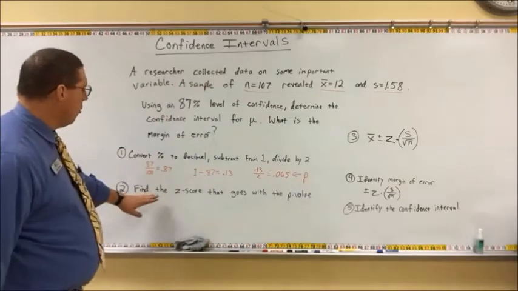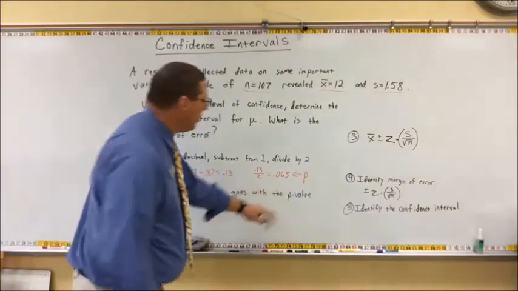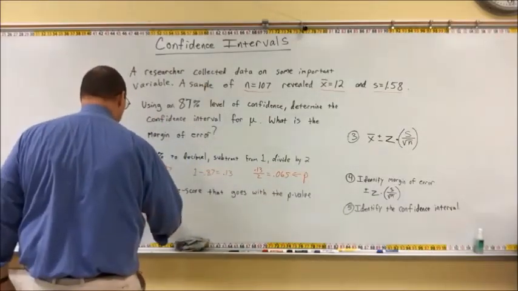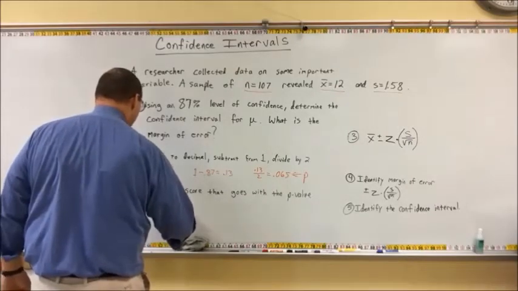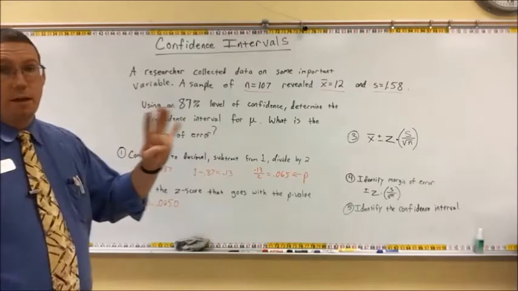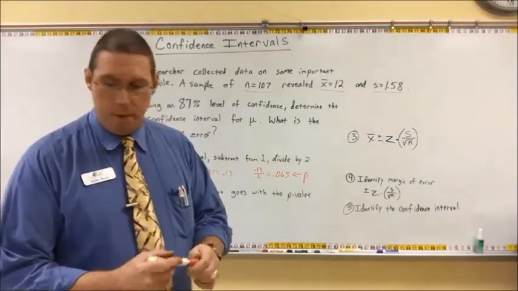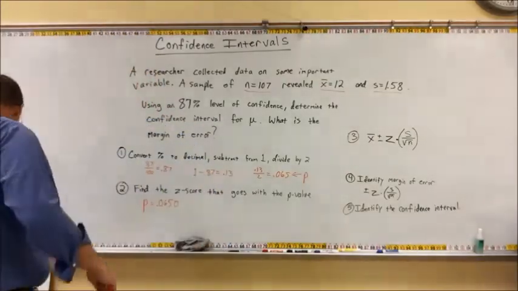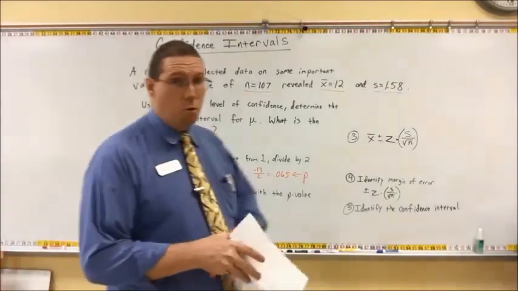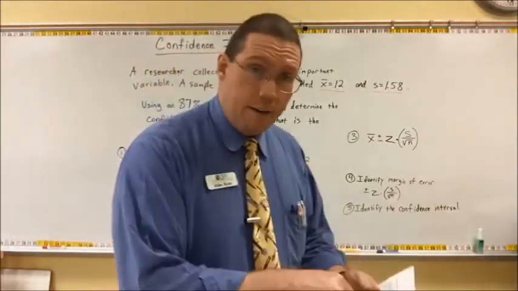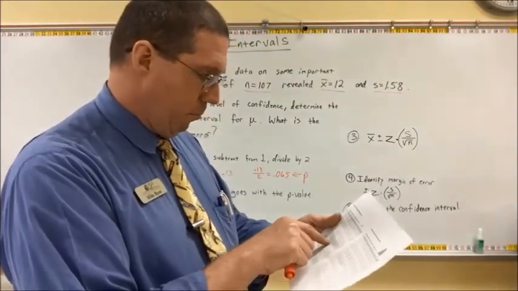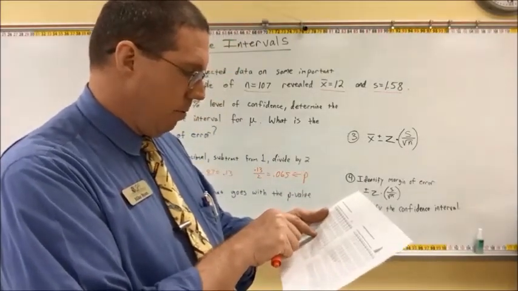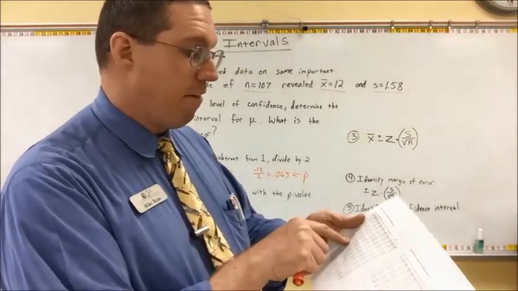So over here, we want to find the z-score that goes with the p-value. If our p-value is 0.065, I'm going to put another 0 on there because p-values in the table are 4 decimal places. So I need to get a z-table to turn it into a z-score, and I go inside the table to find 0.065. All right, 0.0618, 0.0643, 0.0655.